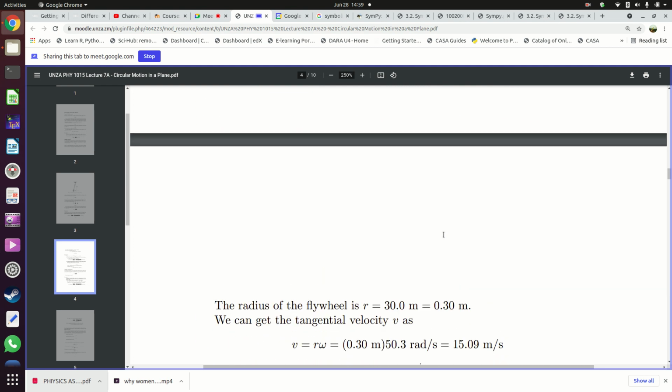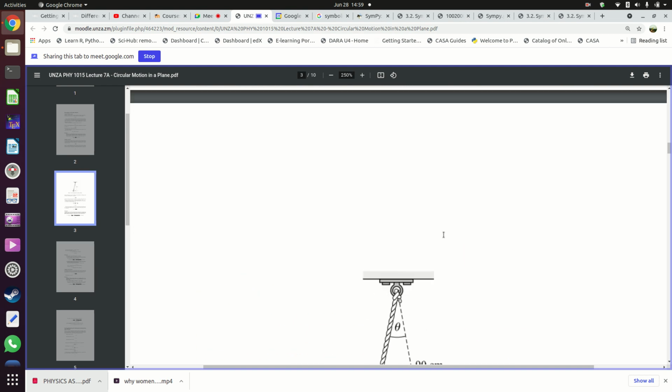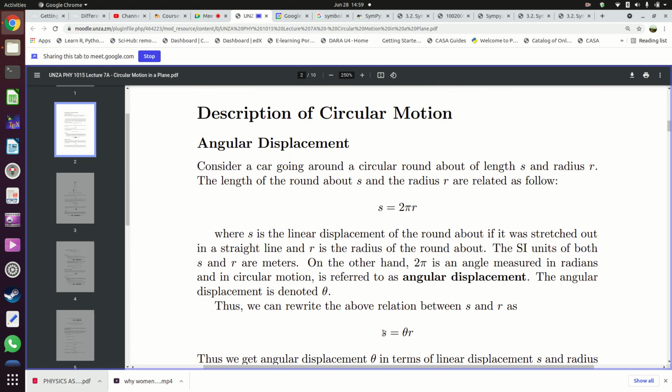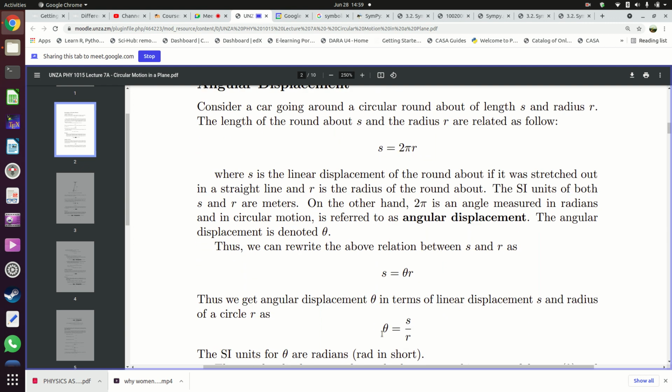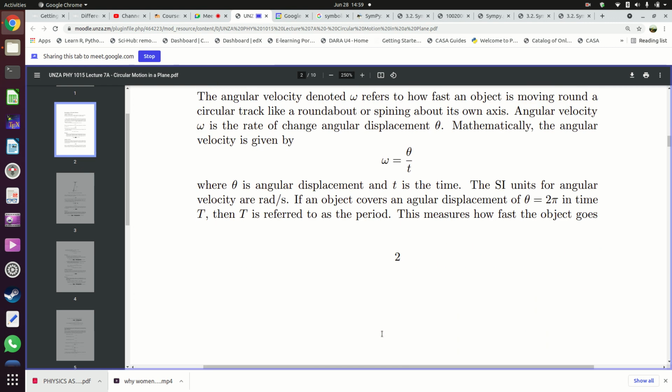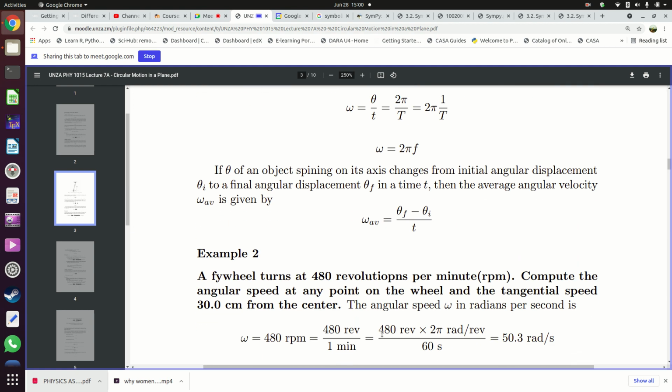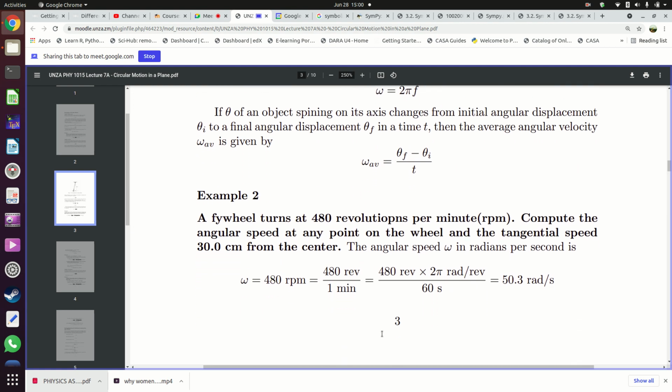Then, last but not least, s, the distance in a straight line, is related to the angular distance multiplied by r. The straight line distance is related to angular distance, linear velocity is related to angular velocity, and straight line acceleration is related to angular acceleration through r, the radius.